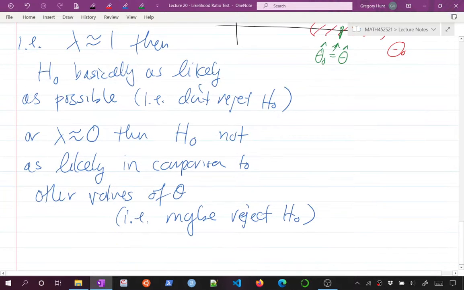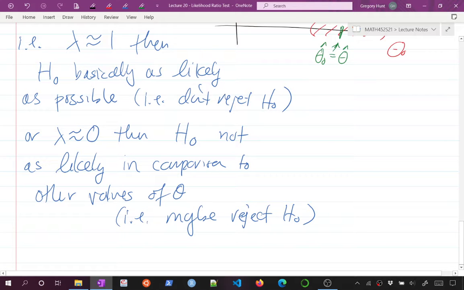So this LRT lambda has a nice interpretation: it tells us how likely our data is given a theta in our null hypothesis compared to any possible theta. Big values mean it's about as likely as possible, so this null hypothesis makes sense. If it's close to 0, that's actually not very likely. There are other values of theta that would make a lot more sense given the data you've observed.